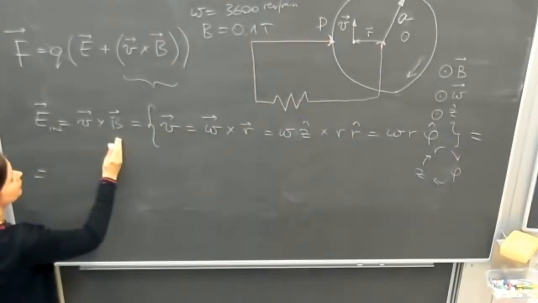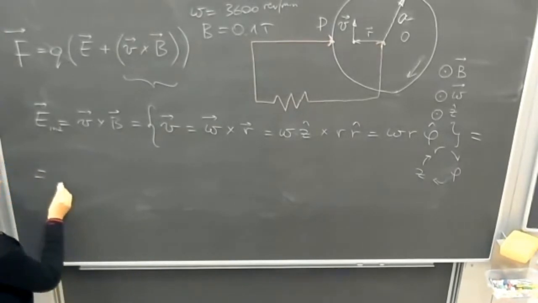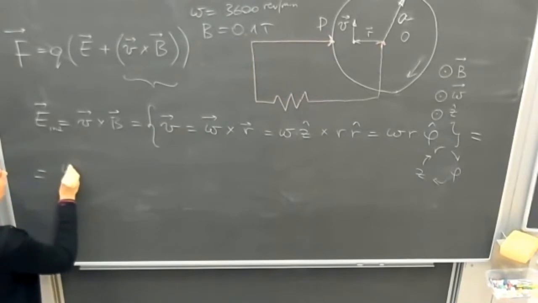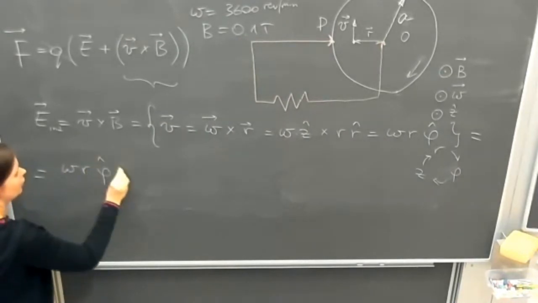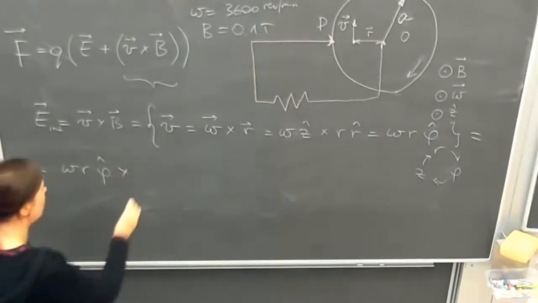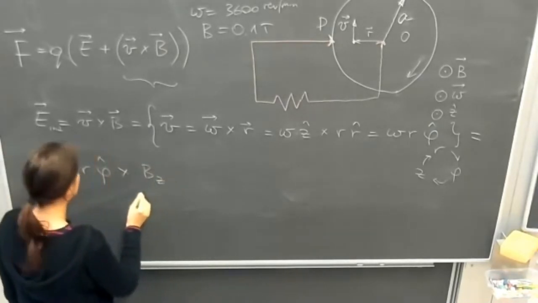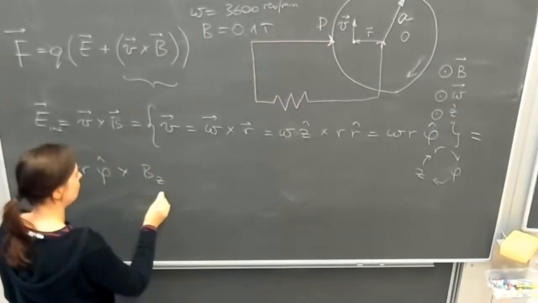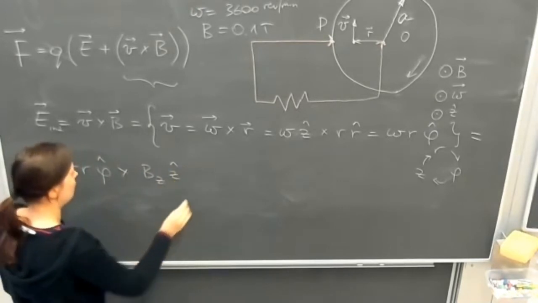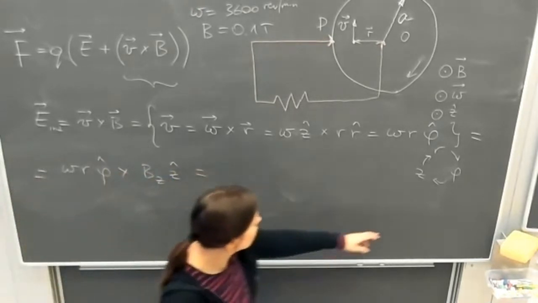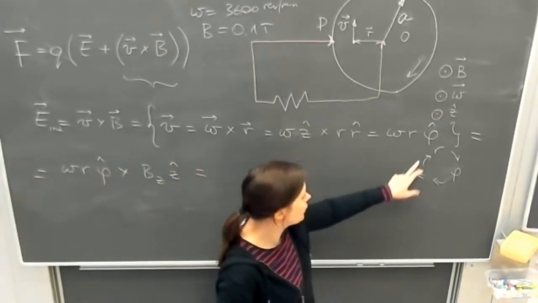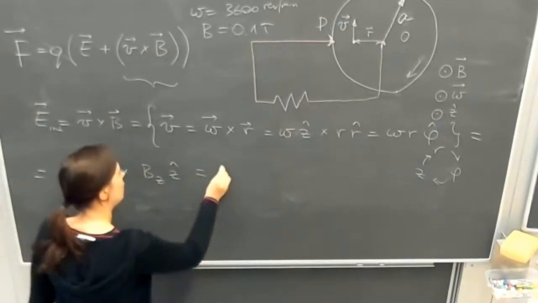And then for the induced electric field, it is v cross B, so phi cross z, which is the r direction.